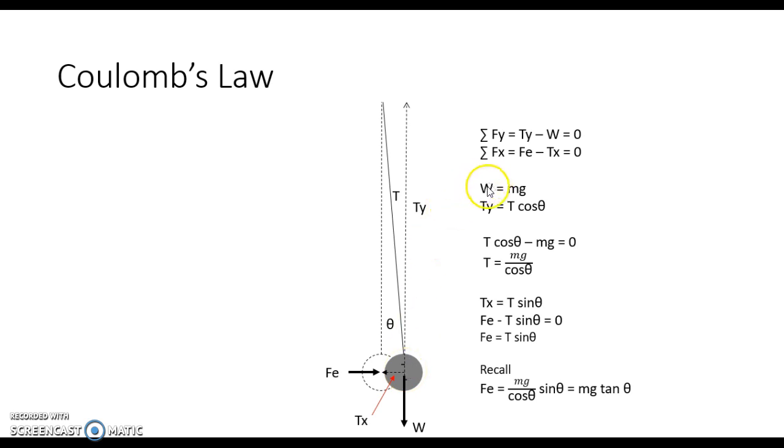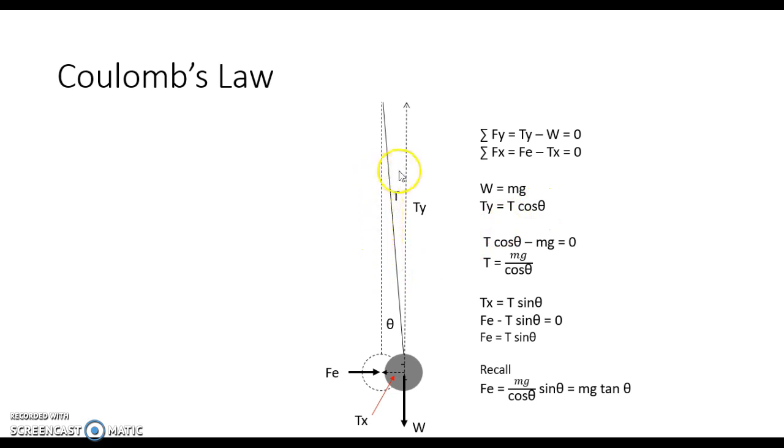So recall that W, which is our weight, is equal to m times g. And in this case, since we're looking at the angle in here, our Ty component, which is this component here, is actually going to be equal to T cosine of theta.